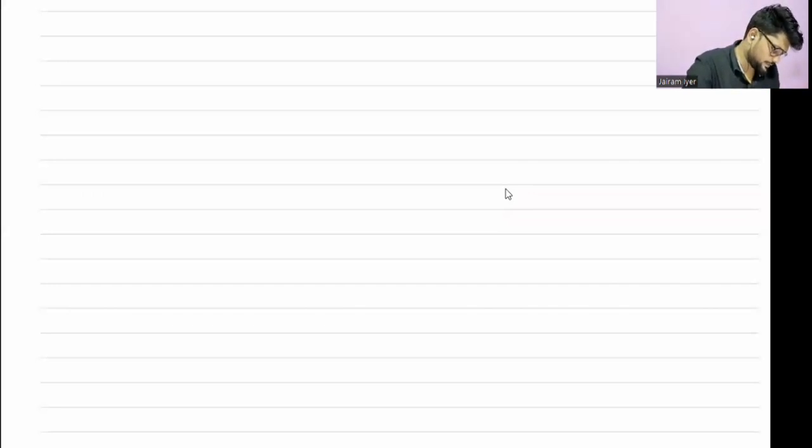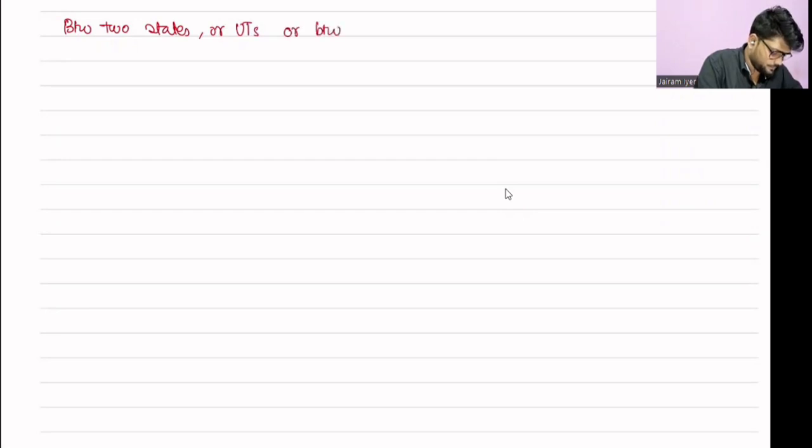So let's write it and discuss it a bit. Whenever it's between two states, or two UTs, or between one state and one UT, we levy IGST, which is nothing but a combination of CGST, SGST, or UTGST, as the case may be.